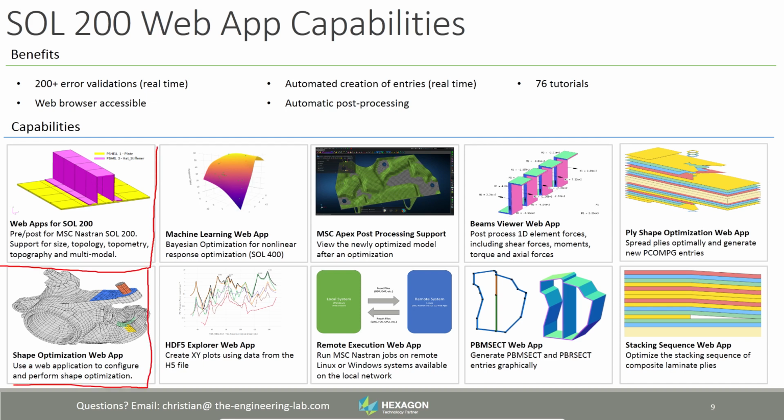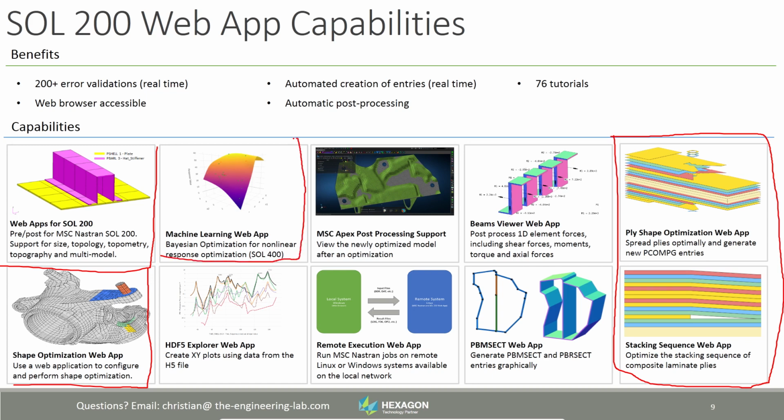There's a web app for size, topometry, and topology optimization. There's a web app for shape optimization. If you're dealing with a composite laminate, you want to optimize the ply shapes, you want to optimize the stacking sequence, there are sets of web apps for that. If you want to perform machine learning for Nastran, there is also a dedicated web app for that scenario also.